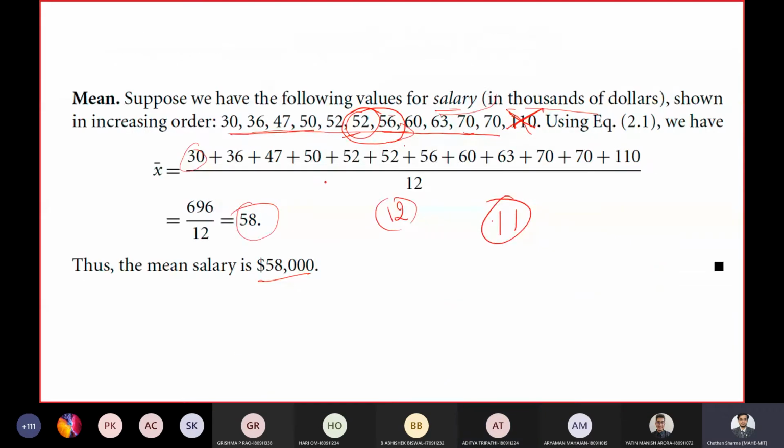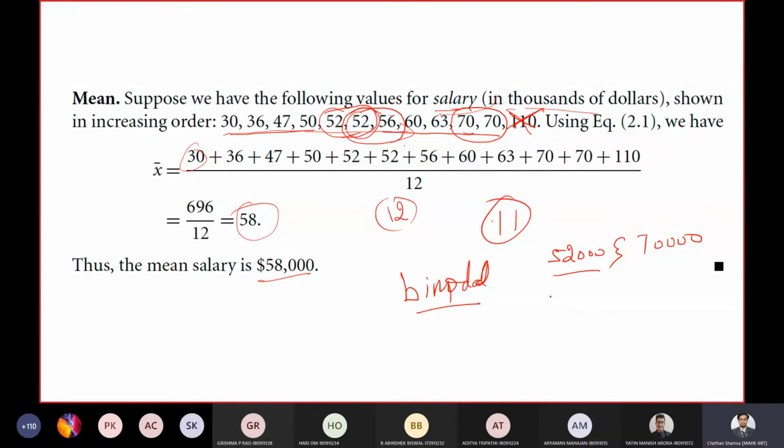For example, if you take the same data set, is there anything occurring twice? 30 occurs just once, 52 occurs twice, 70 occurs twice. So as far as this data set is concerned, it is bimodal, and the modes of the data set are 52,000 and 70,000.